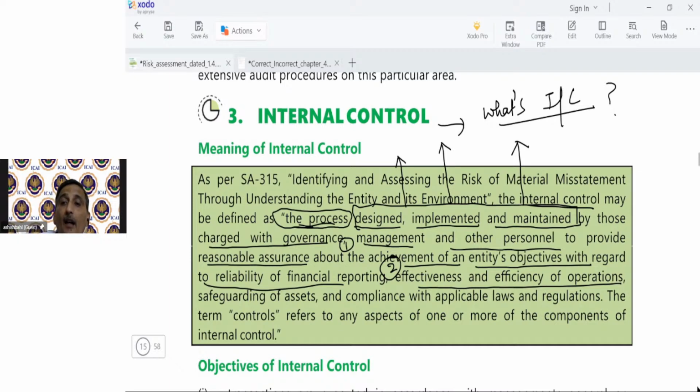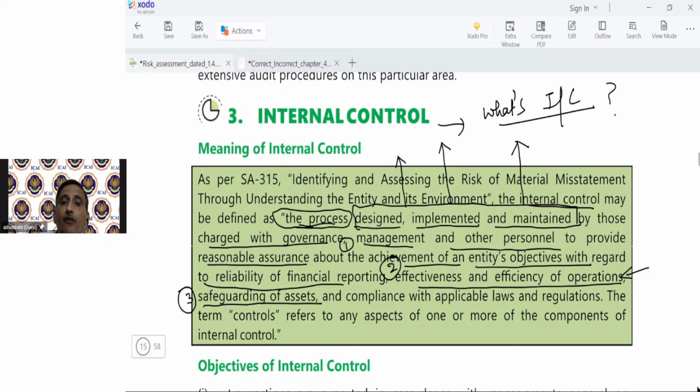And safeguarding of assets is also related to the second point. So effectiveness and efficiency is also related to operations being carried out to the optimum, say the wastage is minimum. All these things.